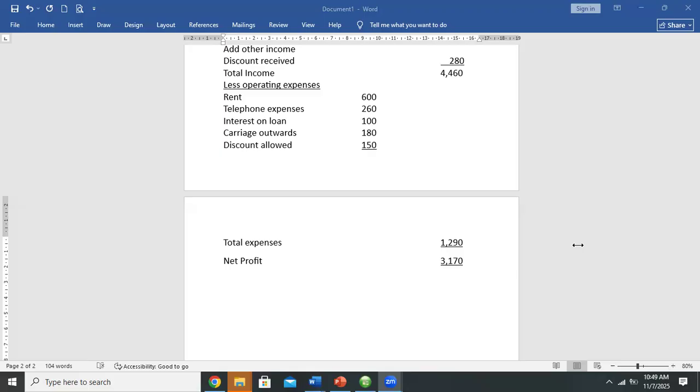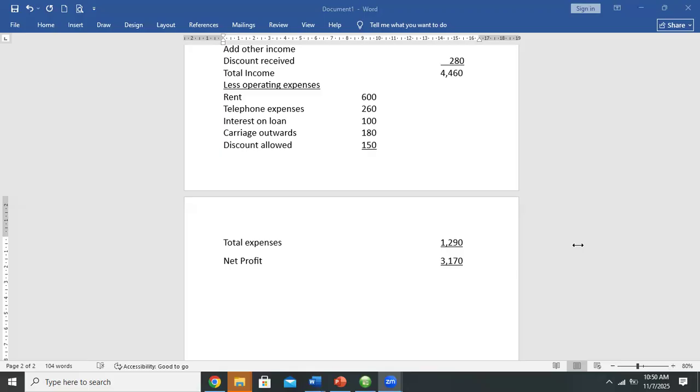Sir, can you repeat the last statement you made about the profit and loss and the trading account? Okay, so I'm saying that the sole proprietorship business may be a trader or a service business. The sole traders have the trading account and the profit and loss account, which we can also call the income statement. But service businesses don't have a trading account.